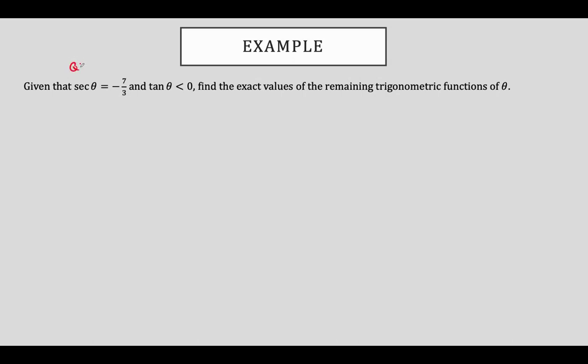That would be quadrant 2 and quadrant 3. We are also told that the tangent of theta has to be negative. In which quadrants is tangent negative? That would be quadrant 2 and quadrant 4. Well, if both of these have to be true, this means that our angle must be in quadrant 2.